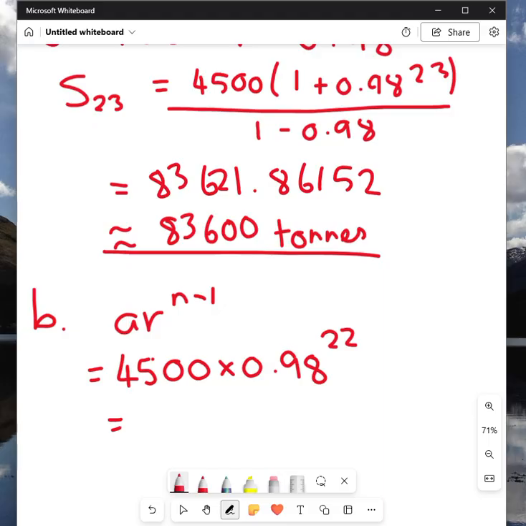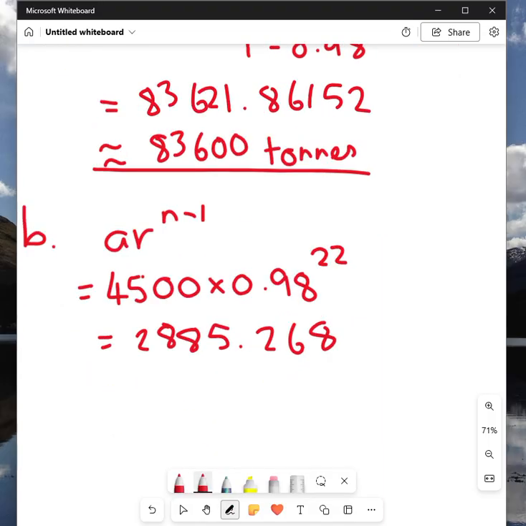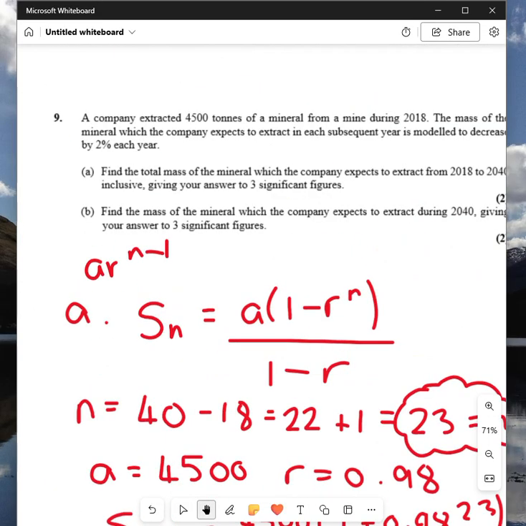So if we work that out, I get 2885.268, and then that rounds to, again, I think it wanted it to 3 significant figures. It did.